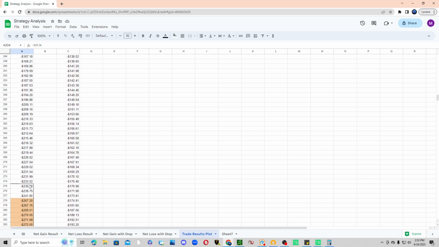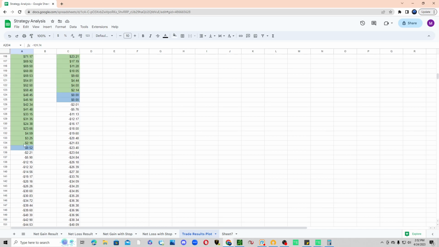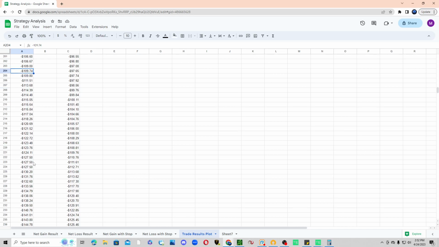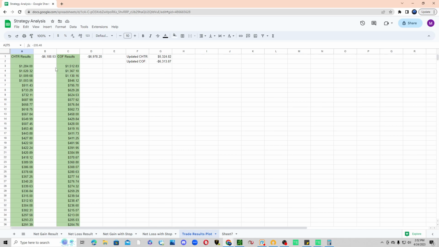Most likely, none of the gains required a drawdown greater than this number right there. Now you can test that and find out if that's true. I always test it anyway, just in case, because you never know. Maybe there was some odd, bizarre thing that happened in this trade signal that generated that result.